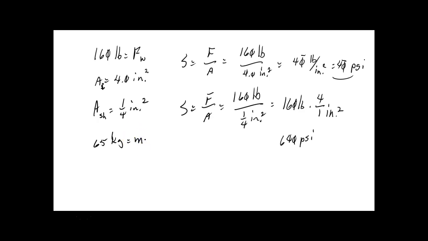You have to get that to weight. How do you get that to weight? What's the formula? Mass times acceleration due to gravity. You multiply that by what? 9.80 meter per second squared.